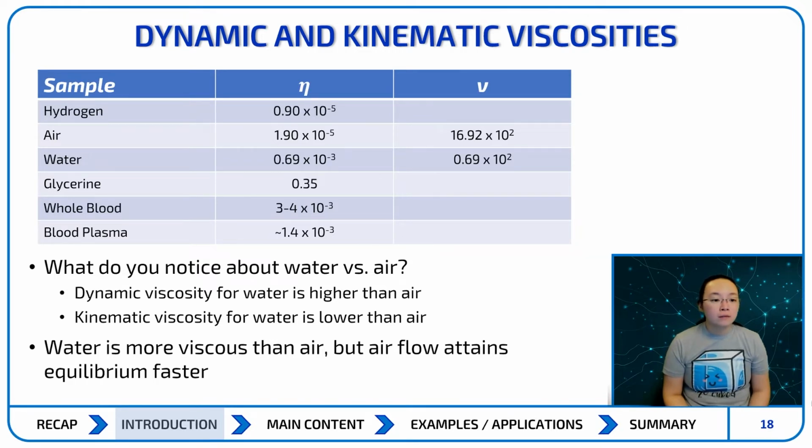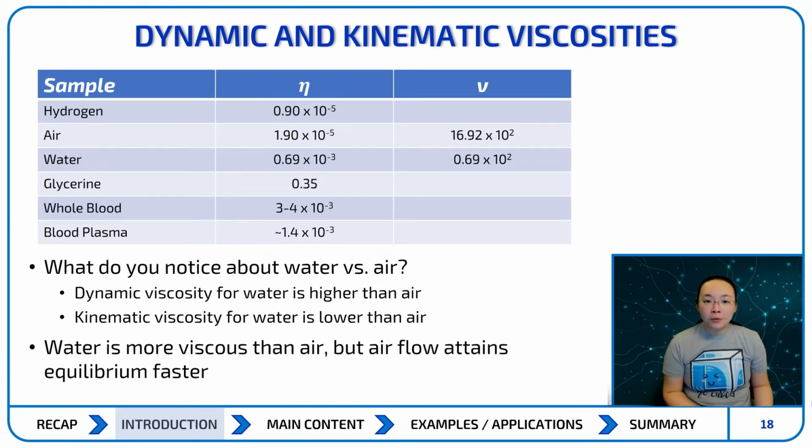So hydrogen, very, very low. Air, also very low. Water, it's on a scale of 10 to the -3 for a coefficient of viscosity. You have glycerine, which is 0.35.